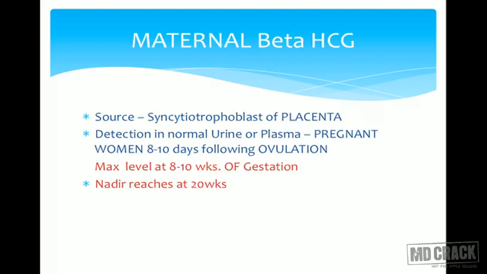Now coming to the second marker, that is maternal beta HCG. The source is syncytial trophoblast of placenta. Detection in urine or plasma: a pregnant woman 8 to 10 days following ovulation shows presence of this hormone. Maximum level is obtained at 8 to 10 weeks of gestation and nadir reaches at 20 weeks.